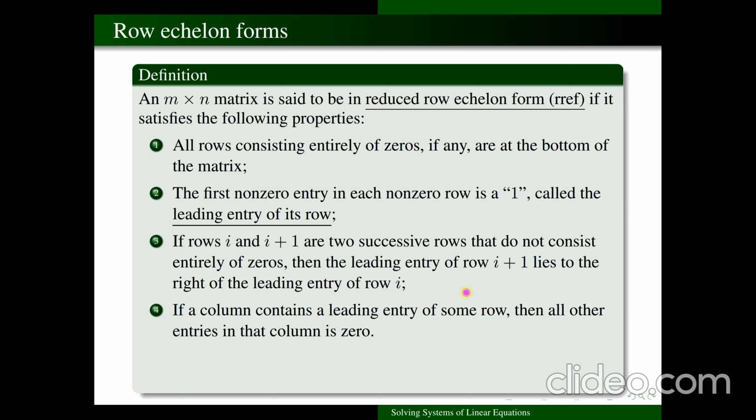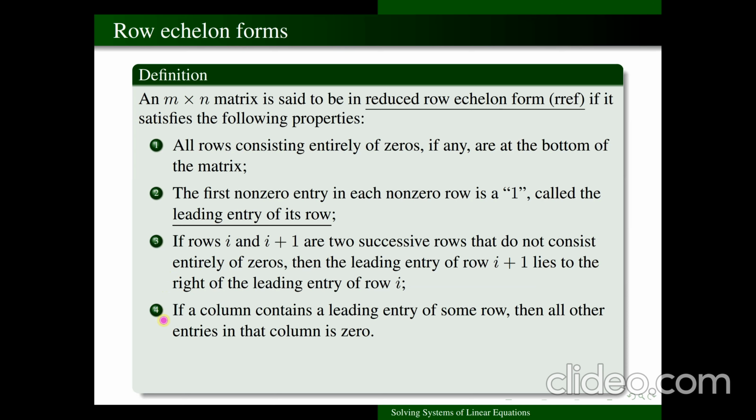Third, if rows i and i+1 are two successive rows that do not consist entirely of zeros, then the leading entry of row i+1 lies to the right of the leading entry of row i.